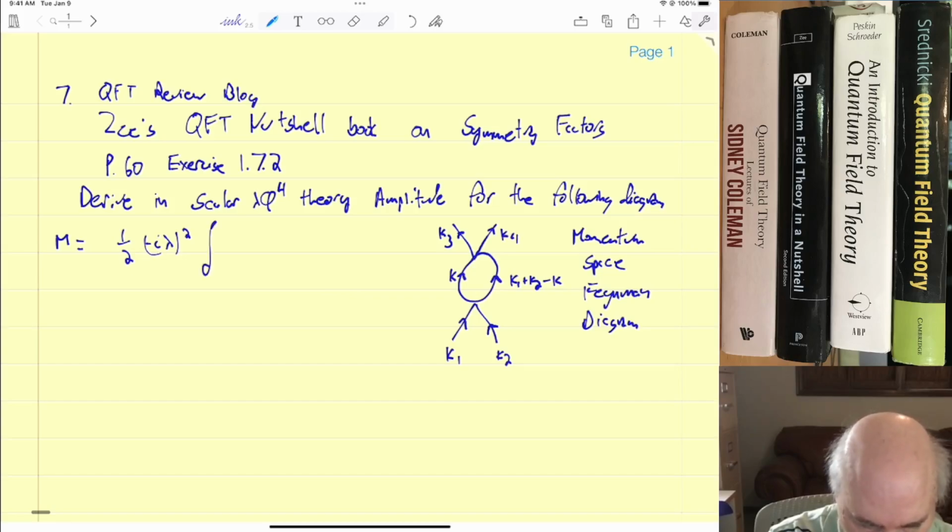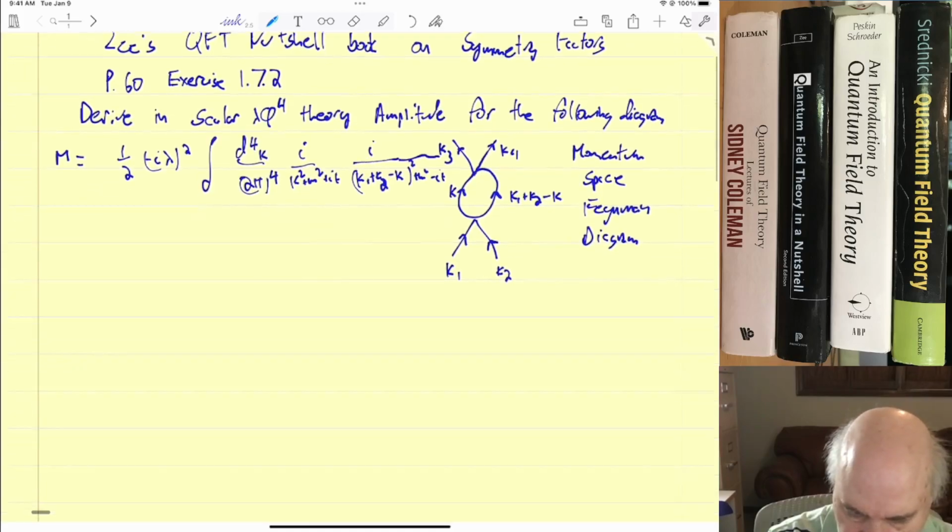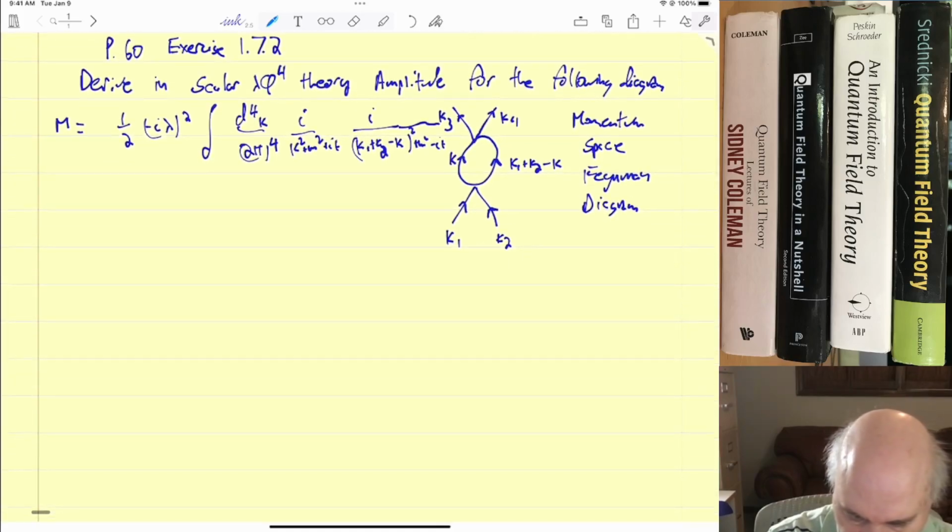And the integral d^4k over (2 pi)^4 of i over k squared plus m squared minus i epsilon, times i over (k1 plus k2 minus k) squared plus m squared minus i epsilon. So this comes from the Feynman rules.